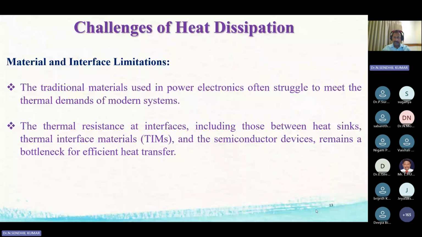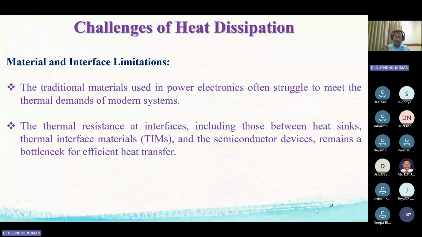Copper has a thermal conductivity of around 386, roughly 400. Aluminum is around 200 to 210. Steel is around 50. The higher the thermal conductivity, the more effectively the heat is transferred.